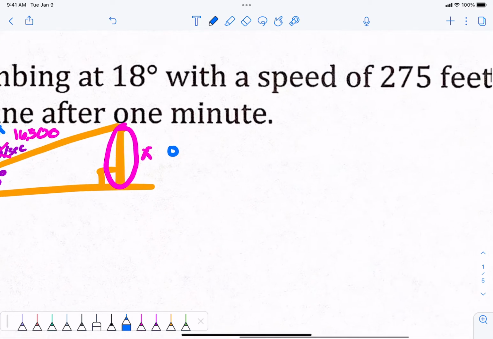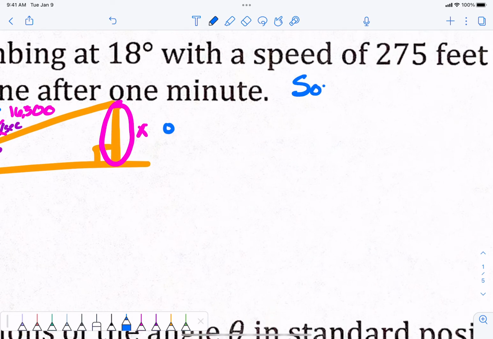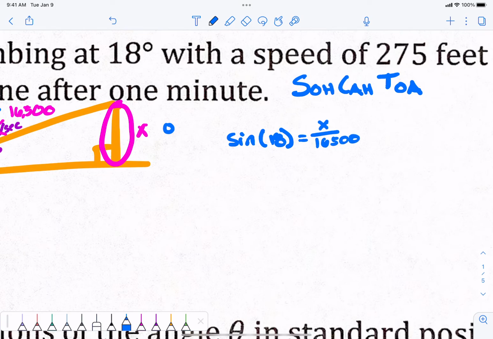If you need to write out SOHCAHTOA, please do. So we're doing sine of 18 equals X over 16,500, opposite over hypotenuse. Times the 16,500. And X will be, do you want to be in radians or in degrees?